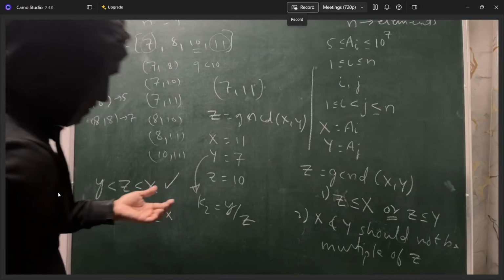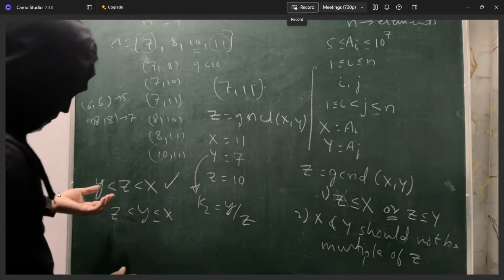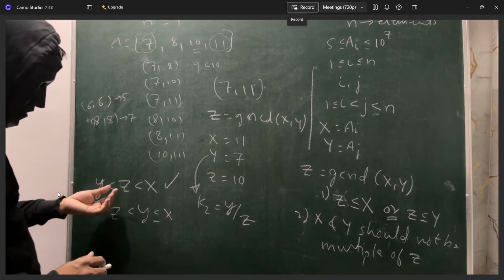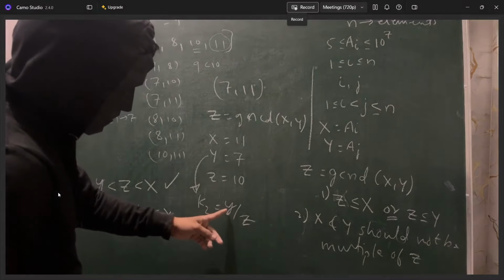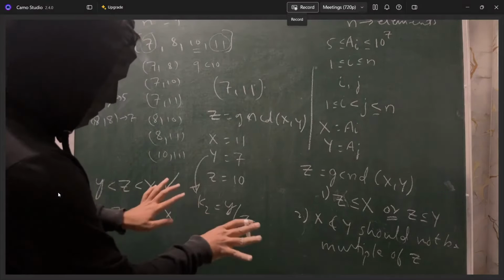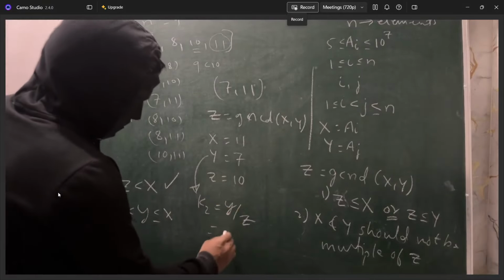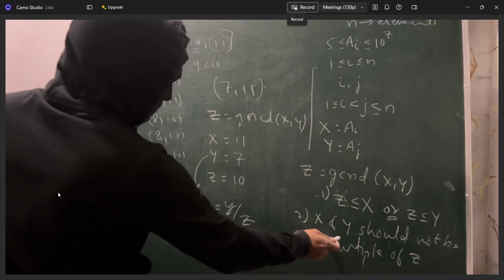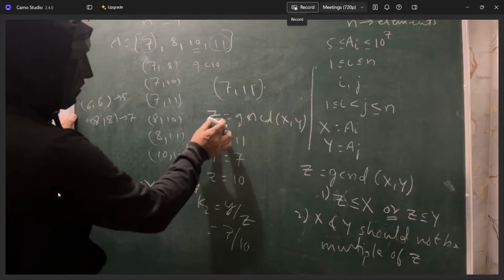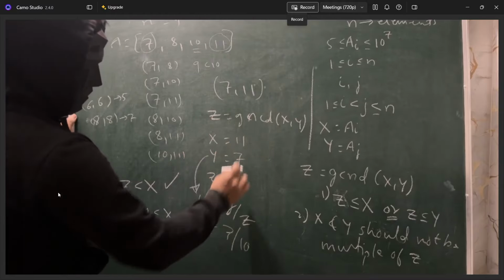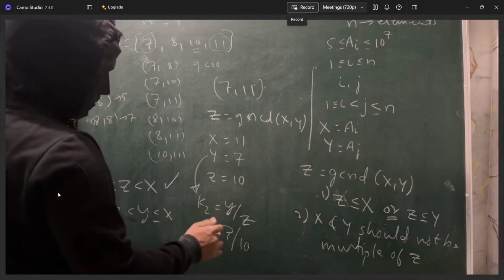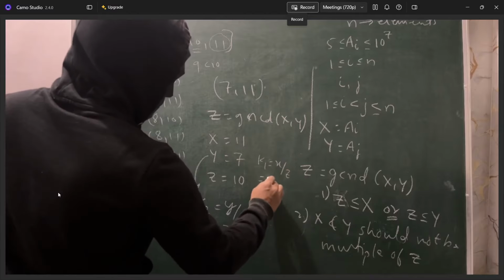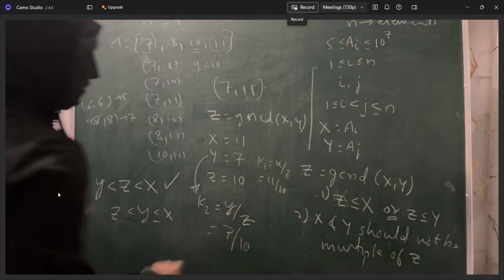So what I'm trying to say is that the reason why I'm taking y as lesser is that if y is smaller than z, y by z will not be perfectly divisible. Let's say y in this case is 7 and z is 10. So 10 cannot divide 7. So this condition will be holding good, and we are taking x as highest and 1 lesser than that. In that case k1 will be x by z, so 11 by 10. So this will also not be perfectly divisible.